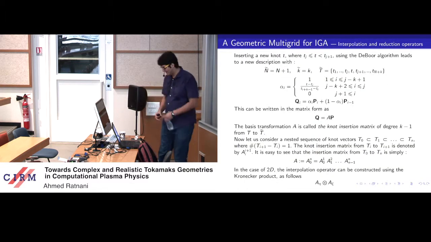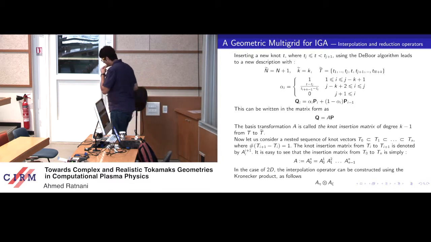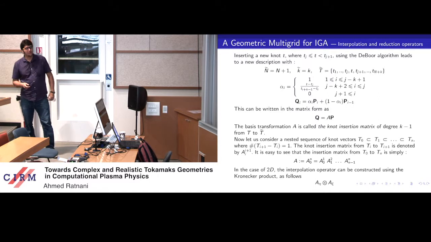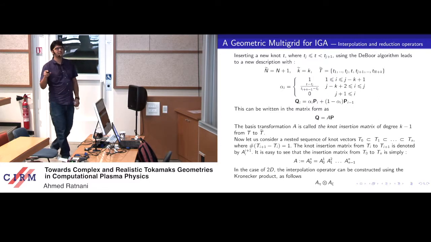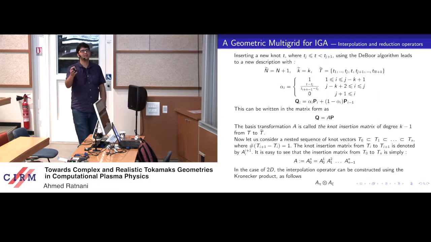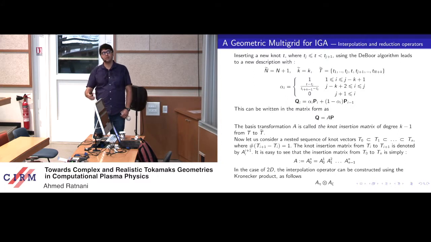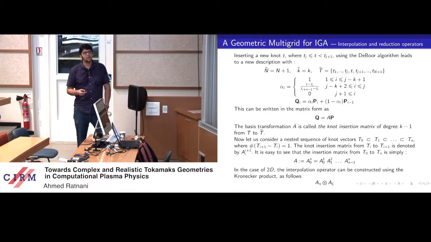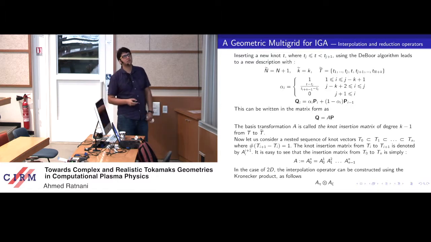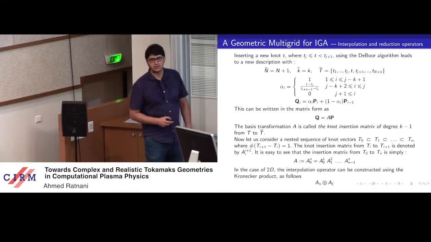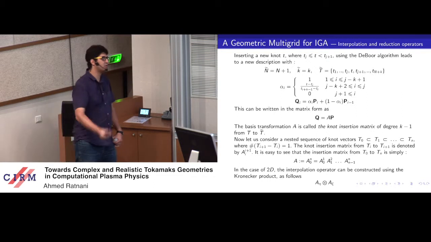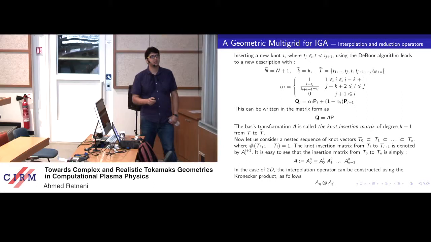So this is just how we can construct the multigrid algorithm, and as I said, you can refine a B-spline curve or surface by inserting new knots, and in fact, doing this is just like multiplying your control points by a matrix. So if you insert a new knot, you multiply the control points that you have by a given matrix, and this leads to the new control points.